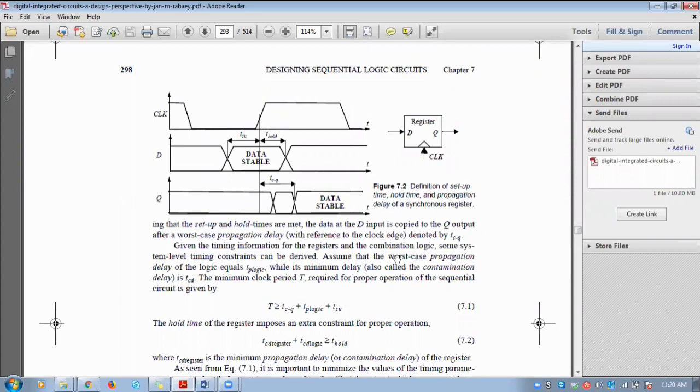Simply, there are two types: propagation delay is the worst case delay or maximum delay, and contamination delay is the minimum delay between when we apply the input and when we get the output. So that worst case delay is known as propagation delay, and the minimum delay is known as contamination delay.